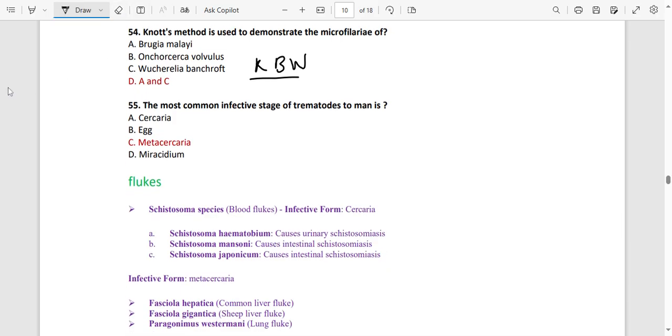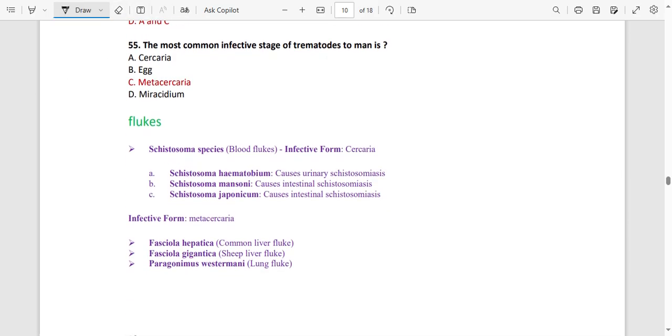Number 55, the most common infective stage of trematodes. So trematodes, these are flukes. Their most infective form is the metacercaria. But it's a bit different because with trematodes you have got different forms. Like Schistosoma, the infective form is cercaria.